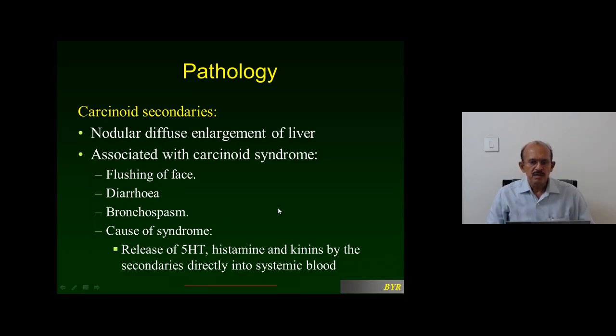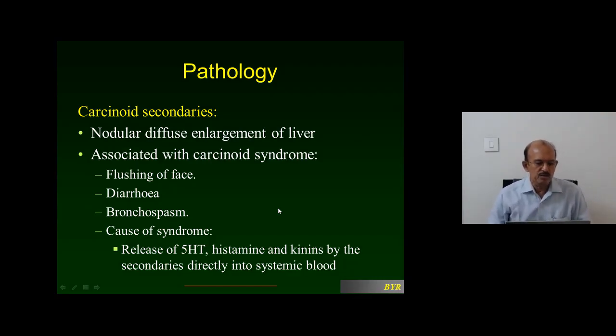That means without secondaries also, the carcinoids in some other places can produce carcinoid syndrome. I hope you got the answer. Oh no, it's not the appendix. Carcinoids present in some sites can produce carcinoid syndrome even without having metastasis to the liver.